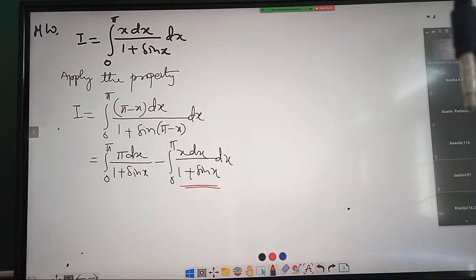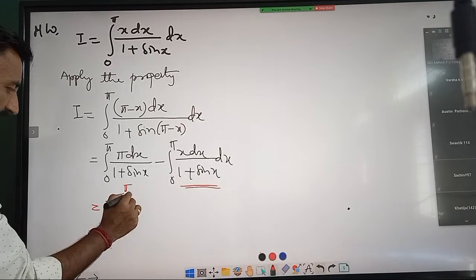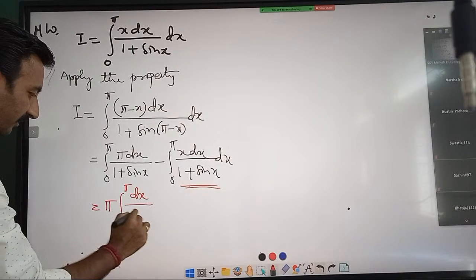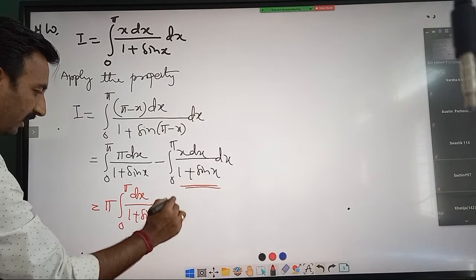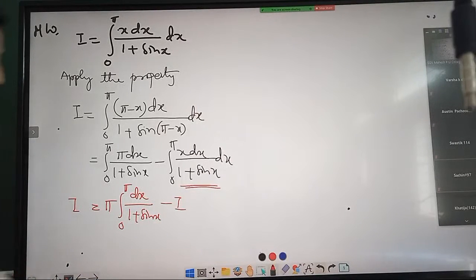So what I can do here is I simply replace this by I. So this is pi integration from 0 to pi dx divided by 1 plus sine x minus I, left side also I, correct?